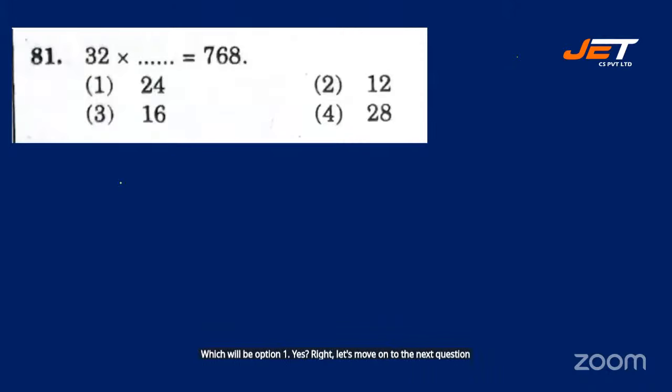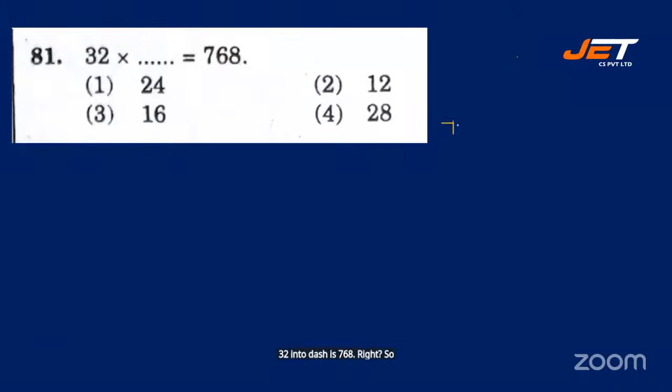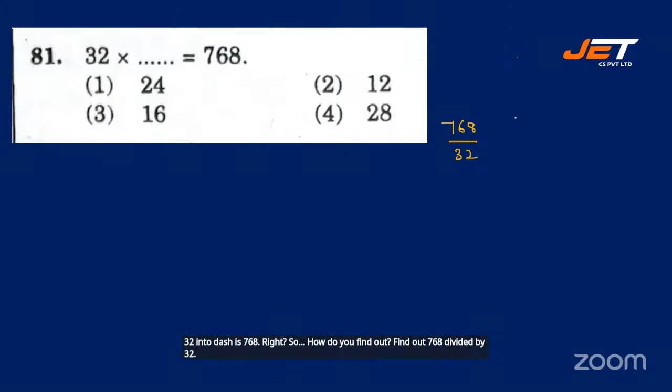Good. Now we are into our mathematics. 32 into dash is 768. So, how do you find out? Find out 768 divided by 32. What is 768 divided by 32?